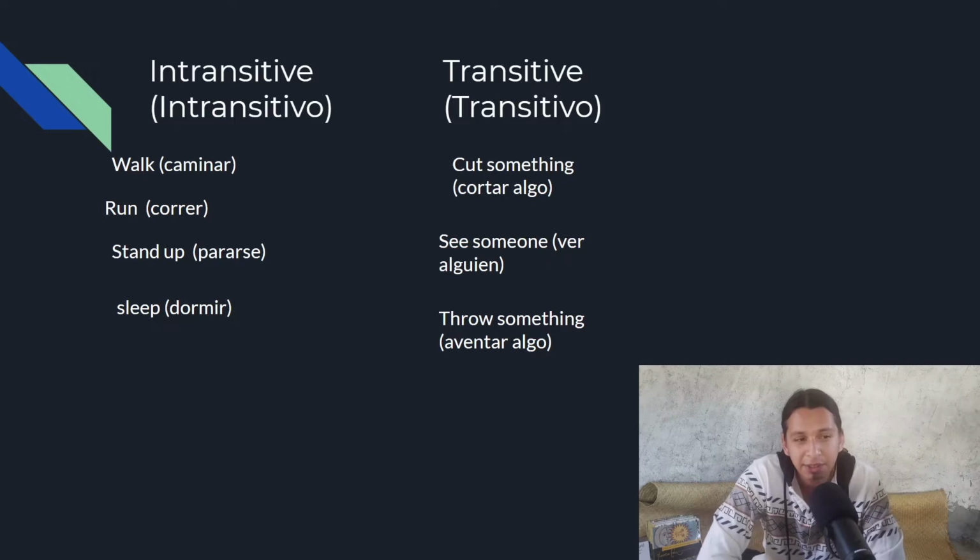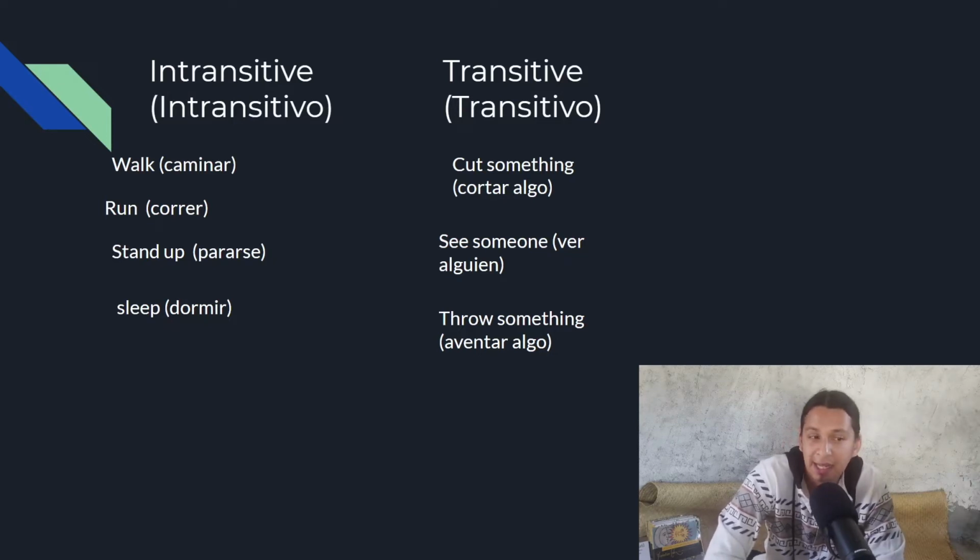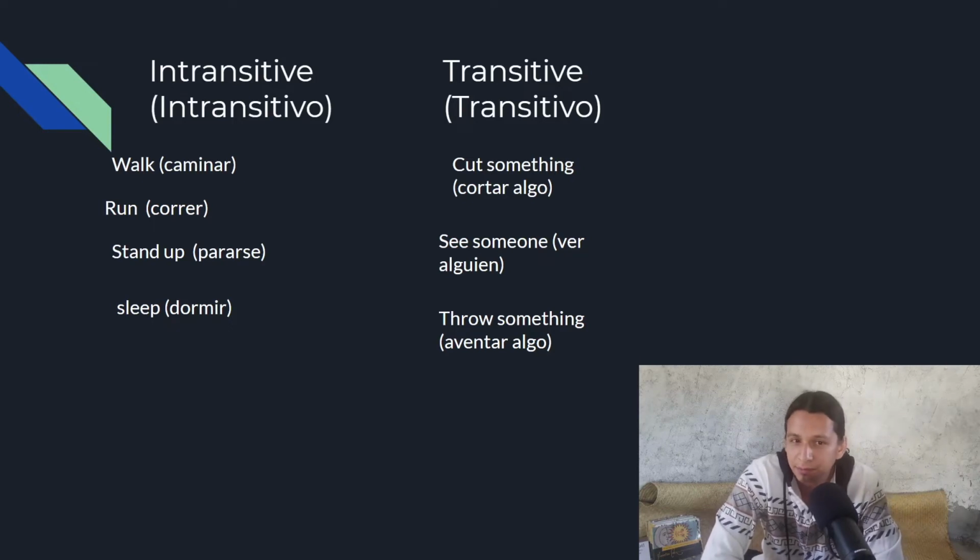Okay, so your intransitive actions, think of them as simple actions. It's just things that you do or things that happen. Okay, like I walk or I run, or in English at least, I stand up or I sleep. So if you think about it, these actions tend to be just things that you do, right?